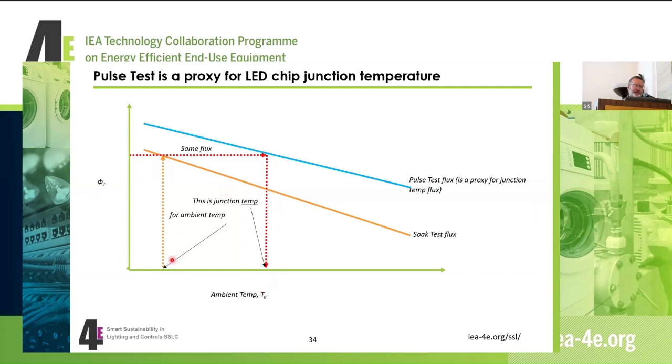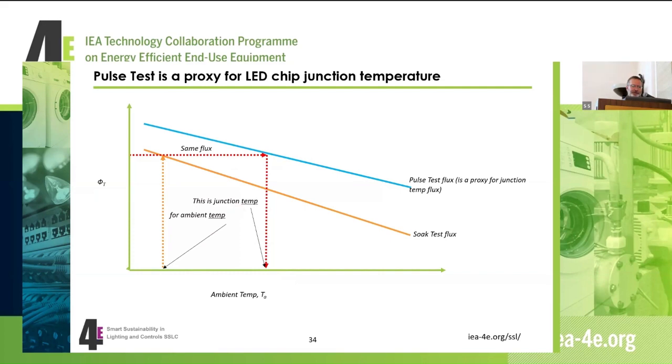So in actual fact, when we have an ambient temperature down here and we turn on the product, it started at this temperature, and the light output was equivalent to this temperature here. So the chip is operating, when it's stabilized here, at this ambient temperature. This effectively is the junction temperature of the chip inside the lamp.